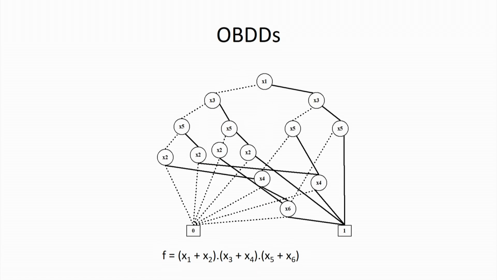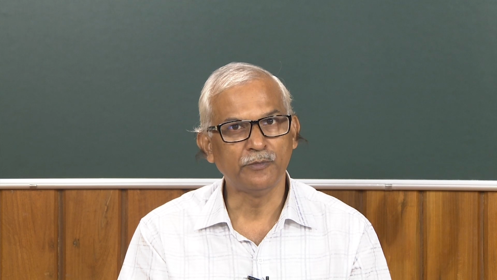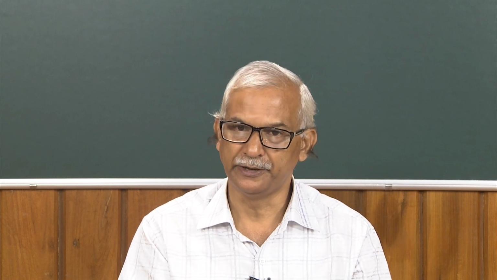But for the same function, if I use the ordering x 1, x 3, x 5, x 2, x 4, x 6, then we are getting another representation which has more nodes, which is exponential in the number of variables. So, variable ordering also has importance while constructing the BDD.